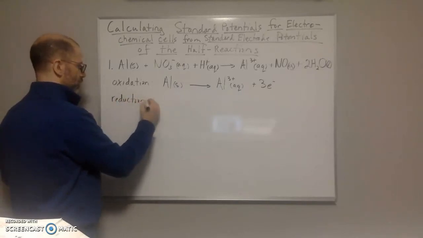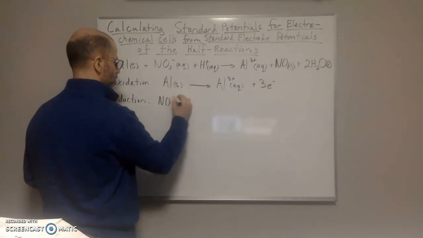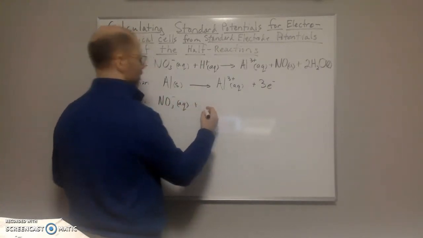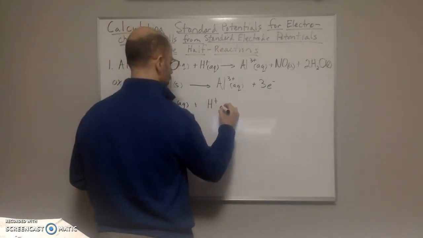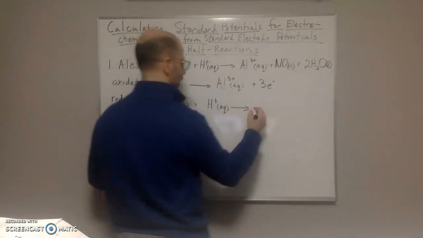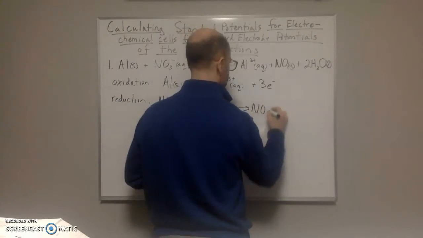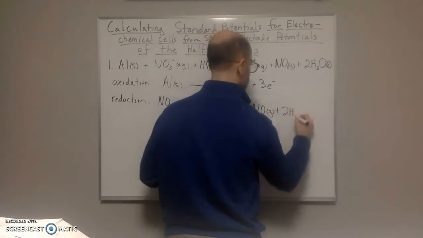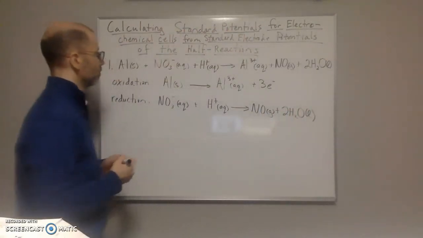So our reduction equation is going to be NO3- aqueous plus H+ aqueous, and then we got NO gas plus 2 H2O liquid.